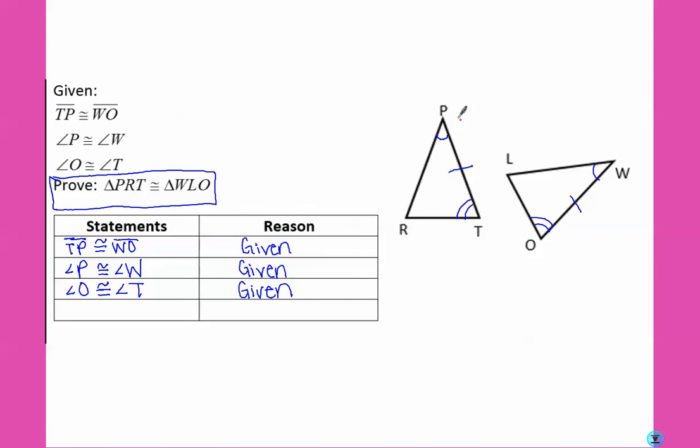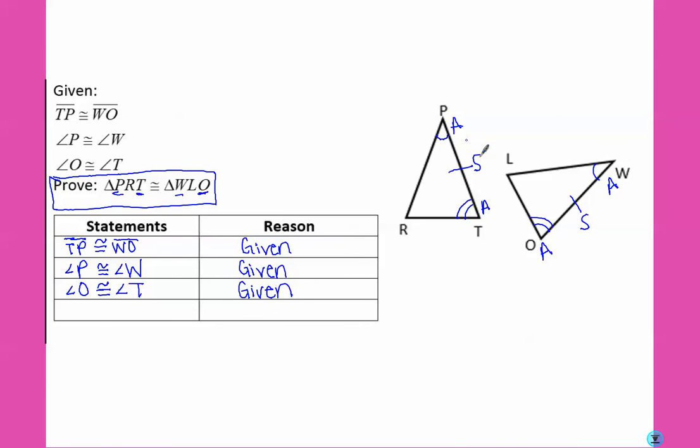Now, based on our picture, we have an angle, a side, and an angle. Based on the information we were given, P and W should match up in the congruent statement. That works. T and O should match up in the congruent statement.